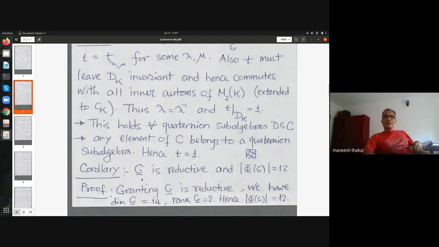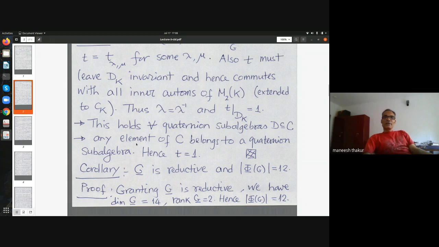But here is the tricky part. This holds true for all quaternion subalgebras D contained in C, because D was arbitrarily chosen. And this fact is a little quadratic form theory, which says that any element of the octonion algebra can be embedded inside a quaternion subalgebra. To see this, you can argue in two steps.